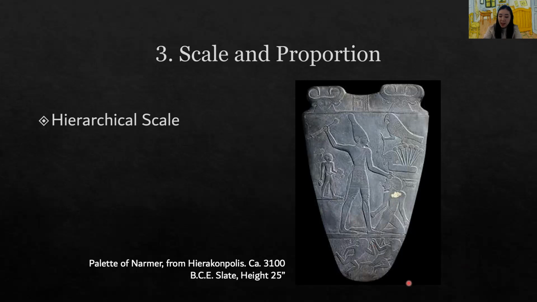That is called hierarchical scale. Artists can use size to indicate the relative importance of figures or objects in a composition, and almost always larger means more important and smaller means less important.